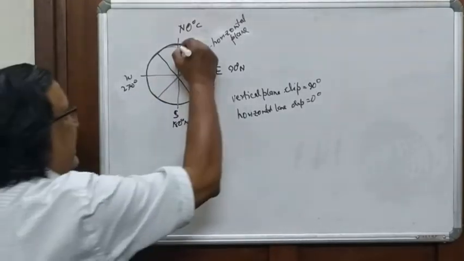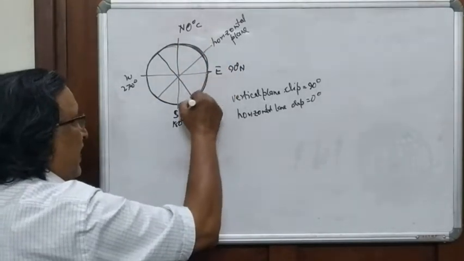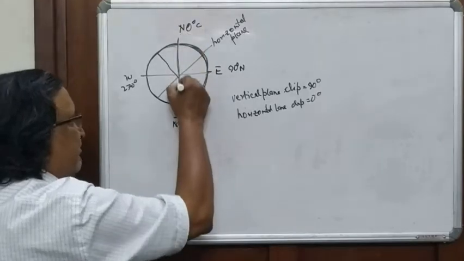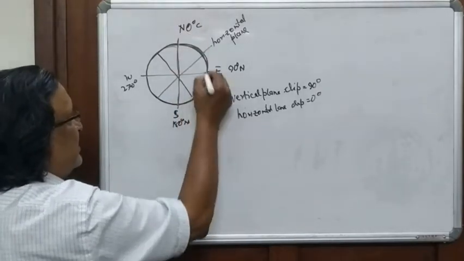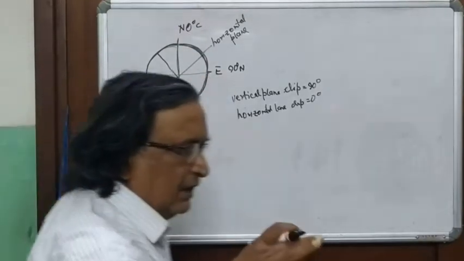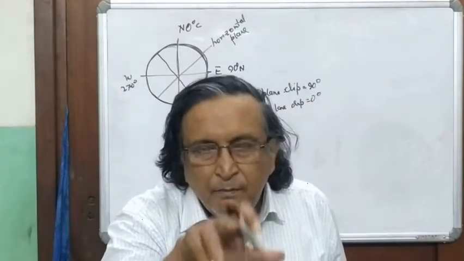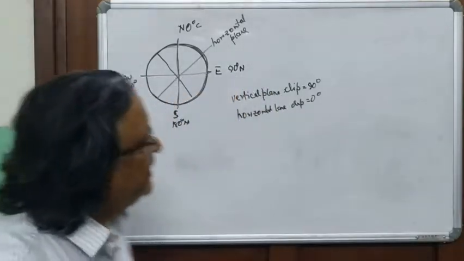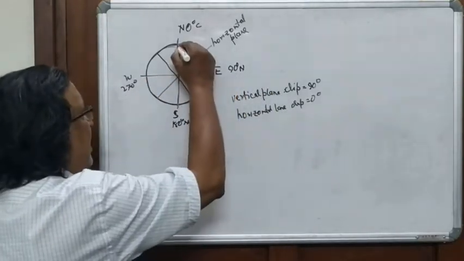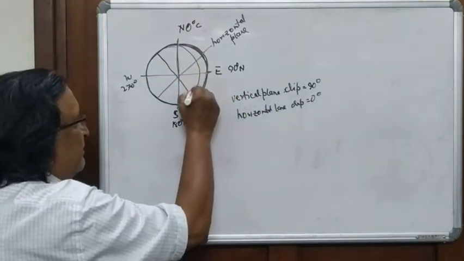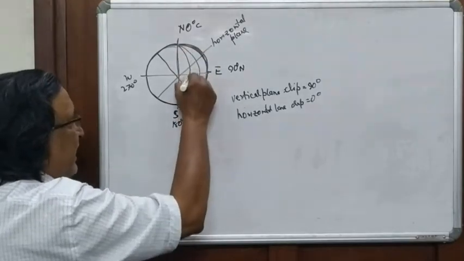So if I take this one as the horizontal plane and this one as the vertical plane, you can see that dip is the angle made by a plane with the horizontal, measured on a vertical plane. So these are essentially inclined planes or dipping planes.